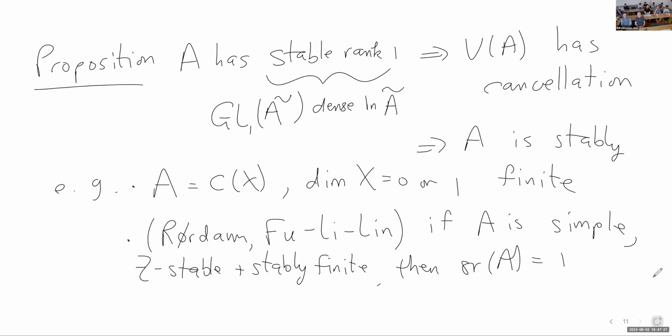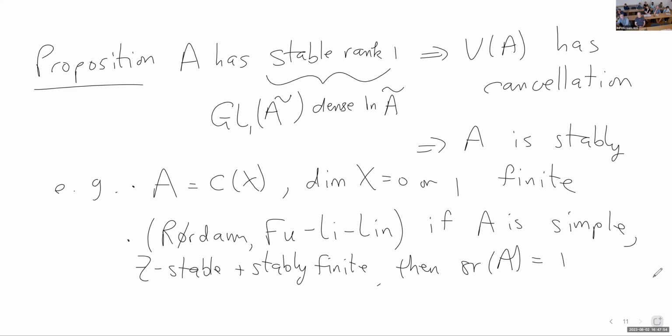There are no two-dimensional compact spaces X such that C(X) has stable rank 1. I mean, this maybe requires a little bit of thought, but it's not particularly deep. It just follows really from the definition of approximating elements by invertible ones.